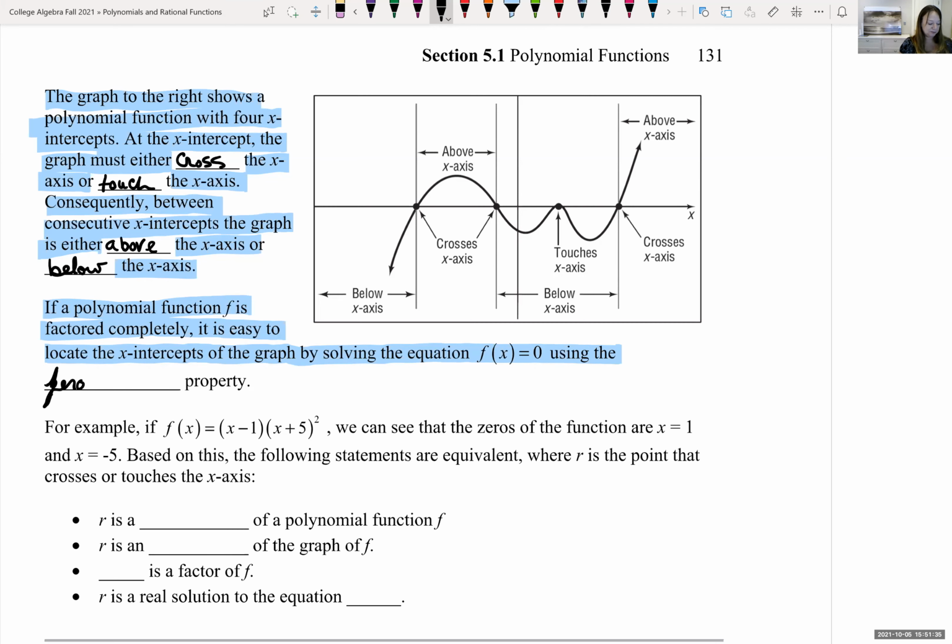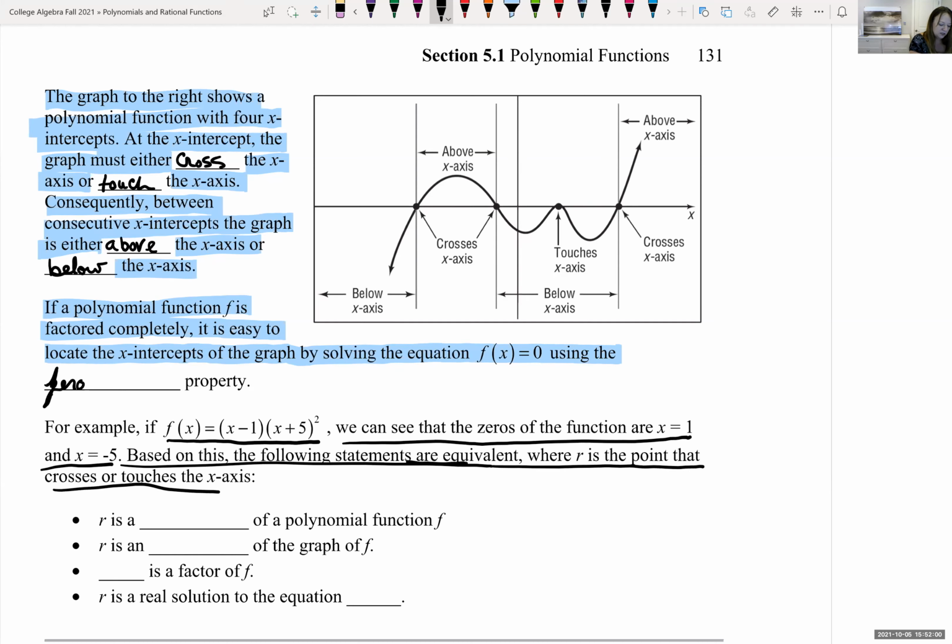So for example, let's say we have a function that's already factored for us. The factors are x minus 1 all times x plus 5 raised to the second power. We can see that the zeros of this function are x equals 1 and x equals negative 5. Based on this, the following statements are equivalent, where r is a point that crosses or touches the x-axis.